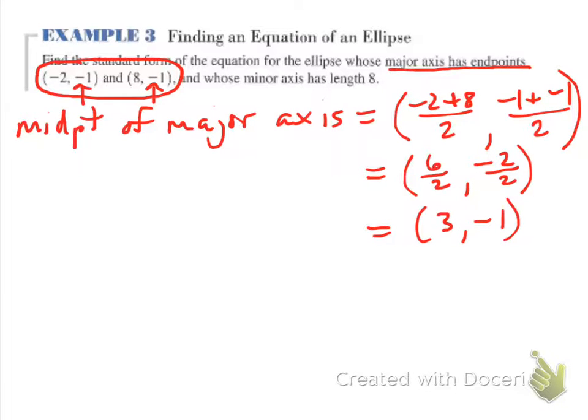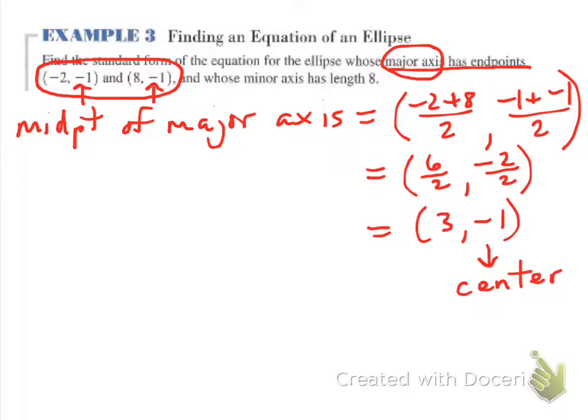Now, the question is, why did I do the midpoint of the major axis? What was the why? Because since I know that this is the major axis, by finding the midpoint, I have actually found the center of the ellipse.